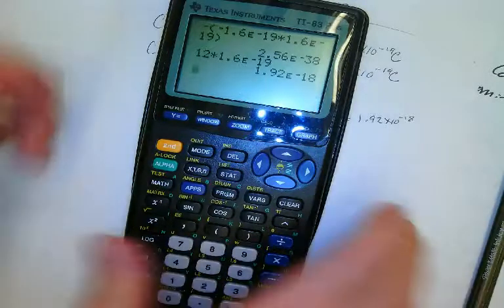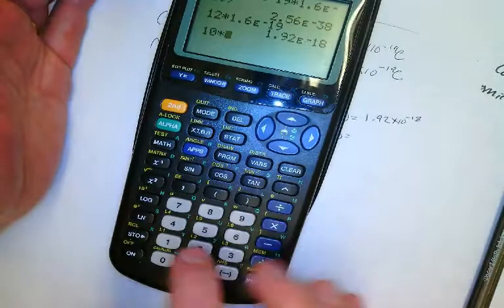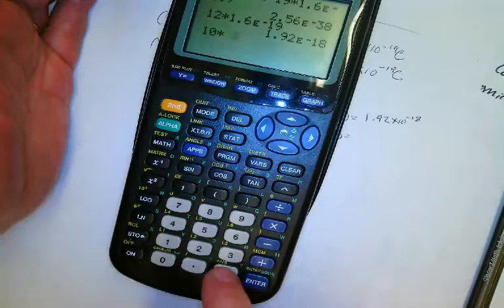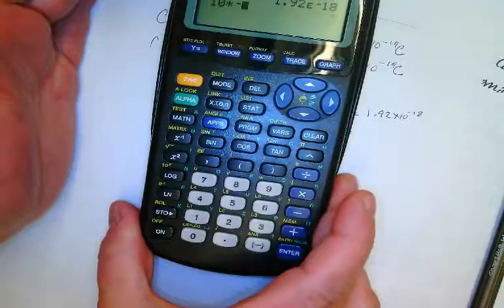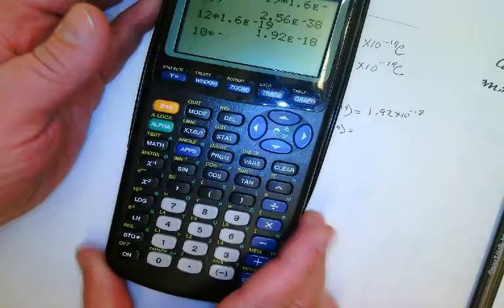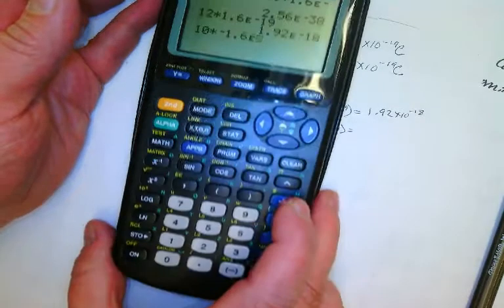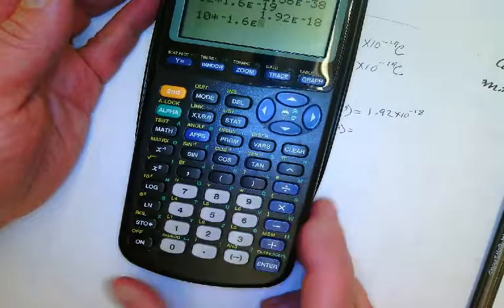Now, we're going to do the next one. And remember, it's a negative number. I put 1.6 second EE negative 19.